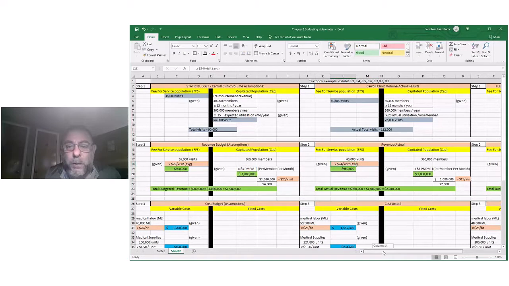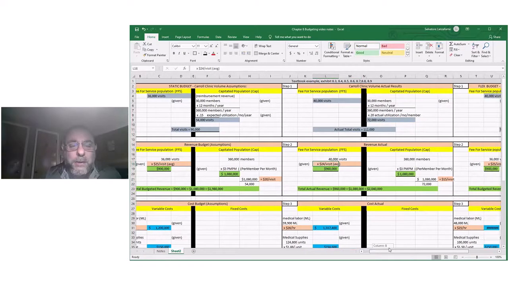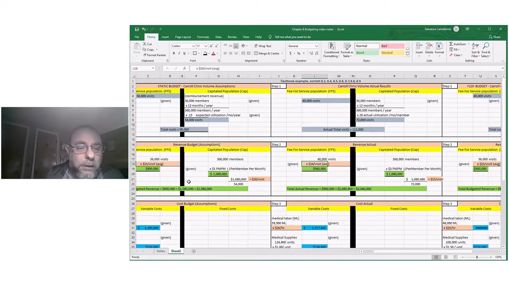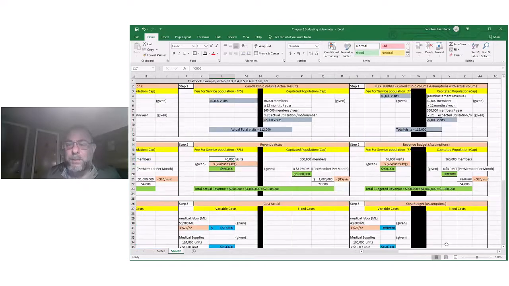Okay? So now for the flex budget, we're going to use the old $25 and the actual visits. So the flex budget does a little bit of actual and a little bit of static budget mixed together. So now we have 40,000 times 25. In other words, we're saying, what if we knew the actual number of visits? What if we had nailed that? What would our budget answer have been?